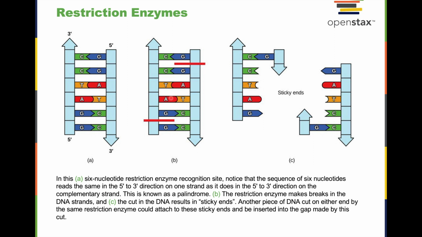So if you cut this piece of DNA with the restriction enzyme and you have these sticky ends, you can cut DNA from another source with the same enzyme, and then they will have complementary sequences. You can bring a piece of DNA in here and join them together by virtue of hydrogen bonding. So let's look at the steps that are involved.